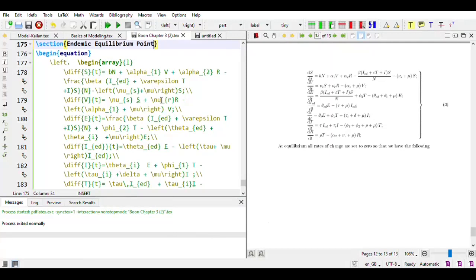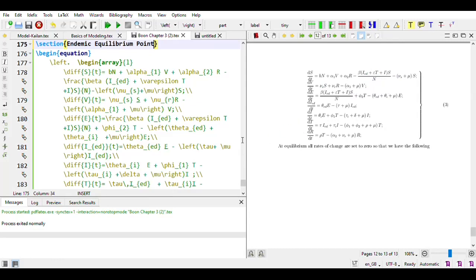This is because sometimes beginners to modeling often have difficulties finding endemic equilibria of models, especially those that are nonlinear or use nonlinear forces of infection, like we have in our model, beta (I_d plus epsilon tau T plus I) out of N, divided by N.